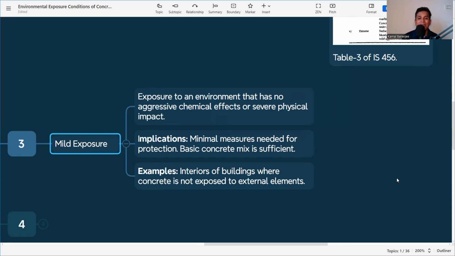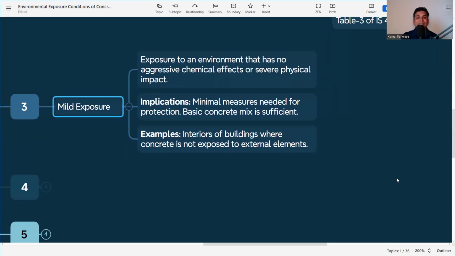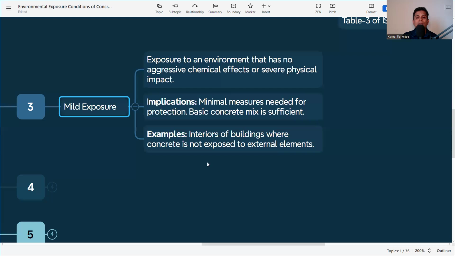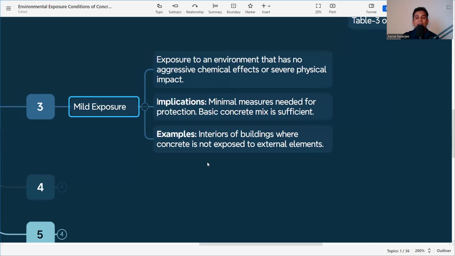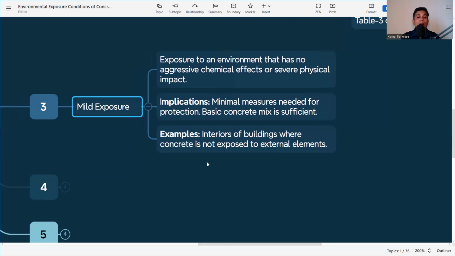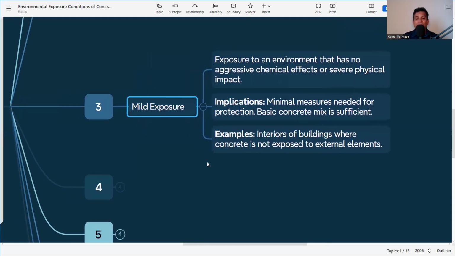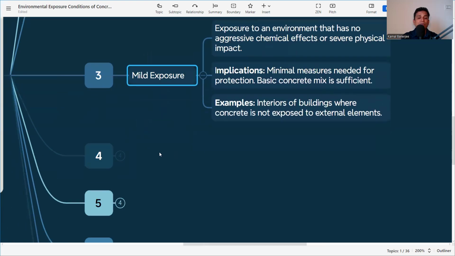What are the implications? Minimal protection is needed; a basic concrete mix is sufficient. An example is the interior of buildings where concrete is not exposed to external elements. So mild exposure means there is very minimal effect of the environment on concrete.